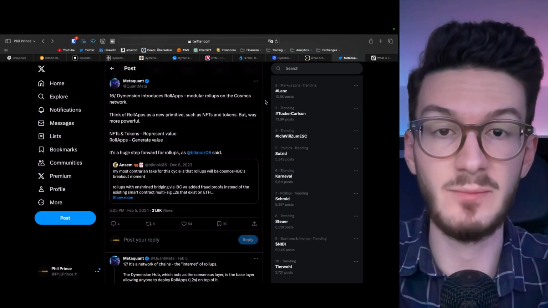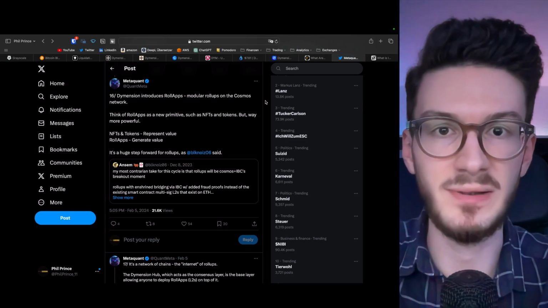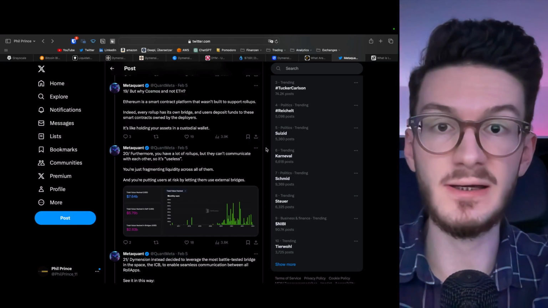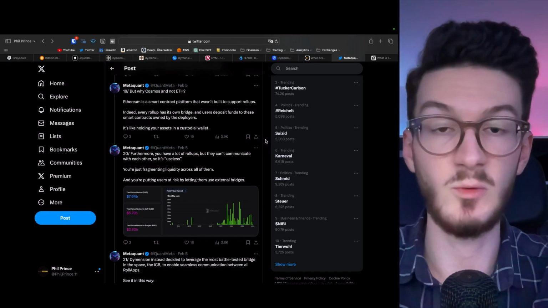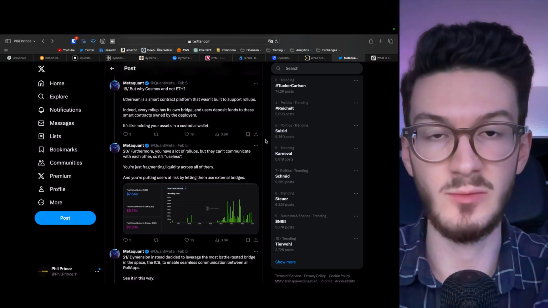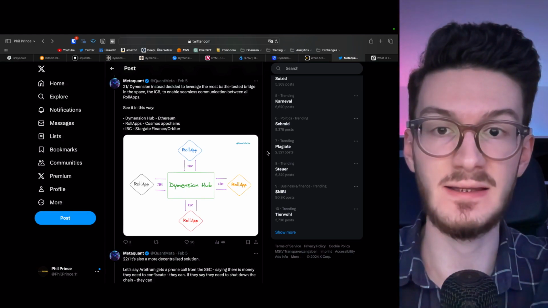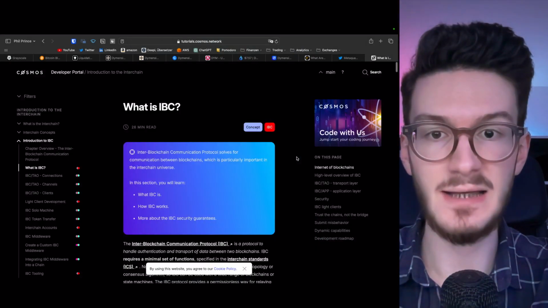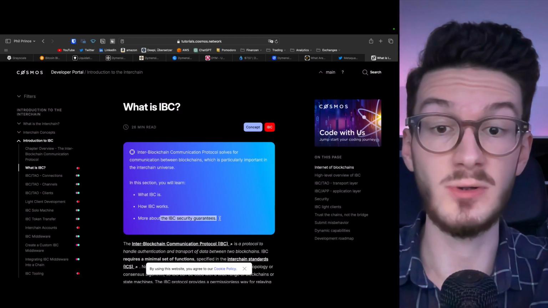This is because the development of the dApp itself as well as the rollup is now completely integrated. As I explained earlier, rollups are not native to Ethereum and therefore need to bridge funds, which bears more risk. Also, the rollups are fragmented because they can't communicate with each other. Therefore, Dymension chose Cosmos as it has the so-called IBC. This stands for Inter-Blockchain Communication Protocol and basically has more security guarantees.